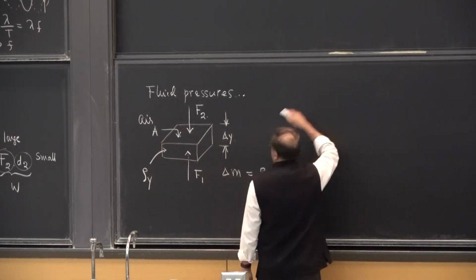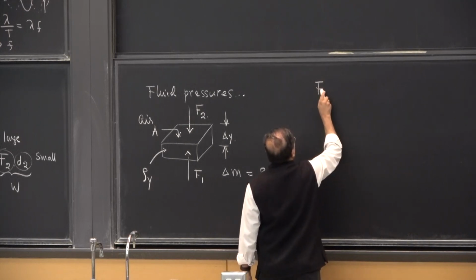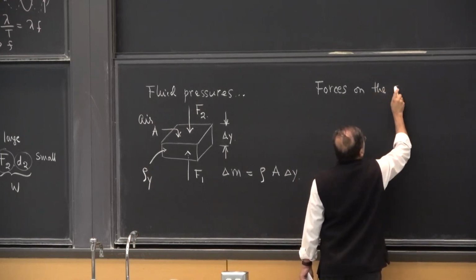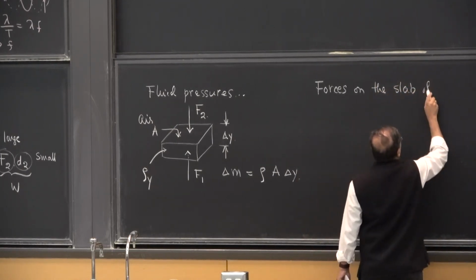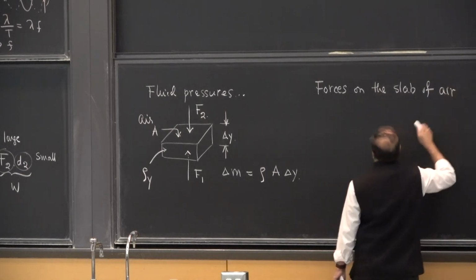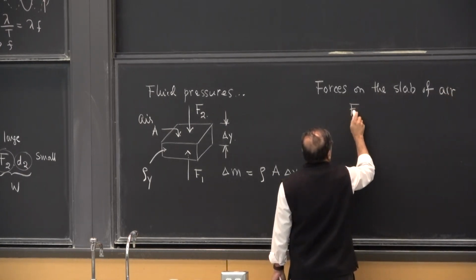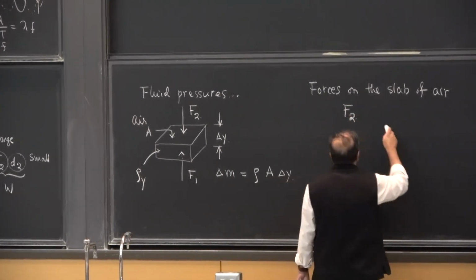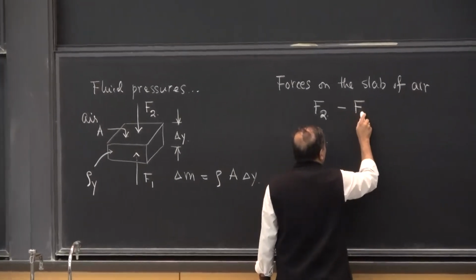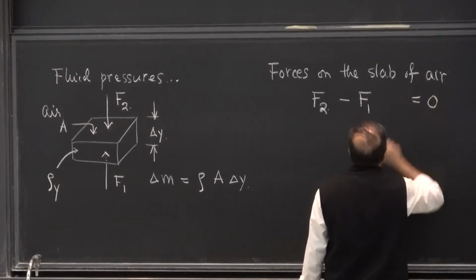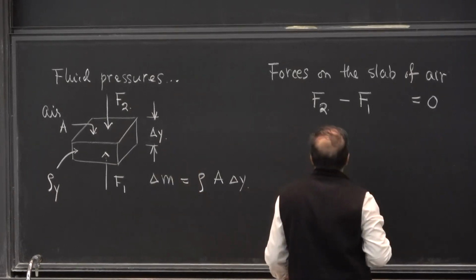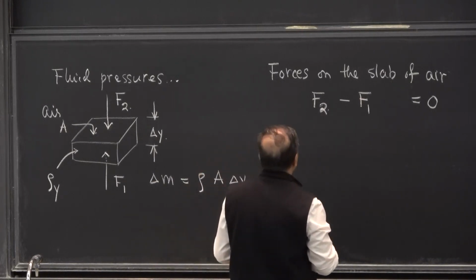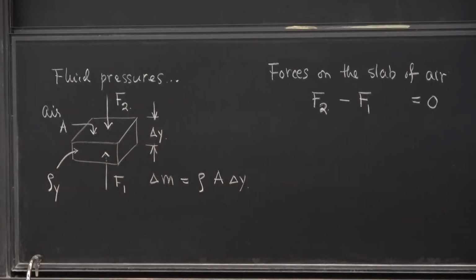So if I now write down the forces that are at play on this slab of air, then the forces are going to be F2, F2 is downward, minus F1. Now this slab is in equilibrium, so the right hand side must be 0. And I also have mg acting downward. So actually I should take F1 to be plus because F1 is upward.